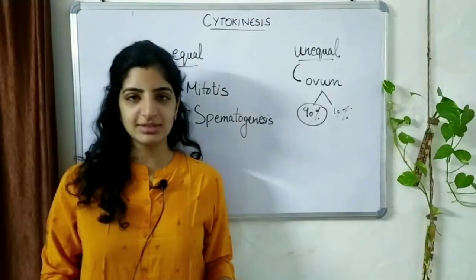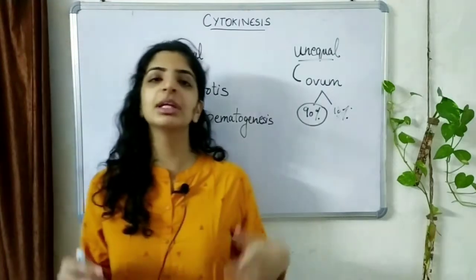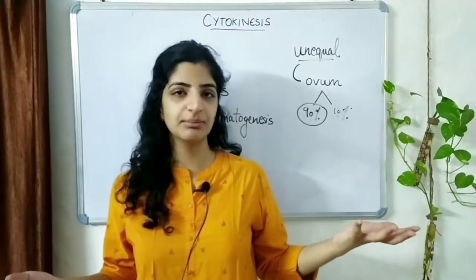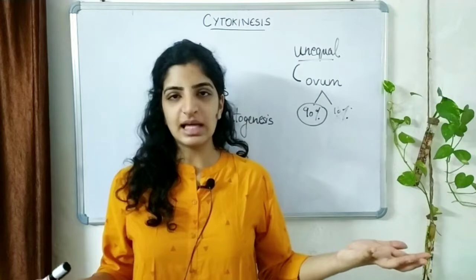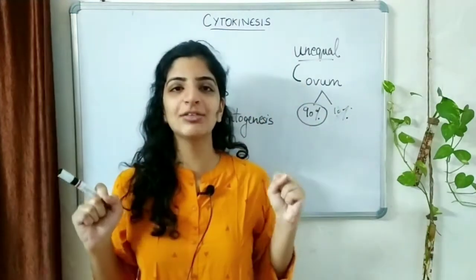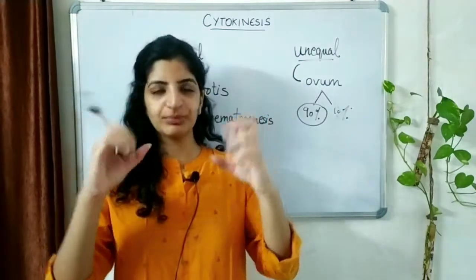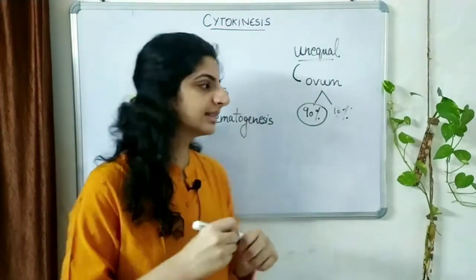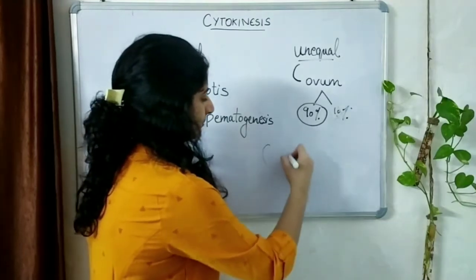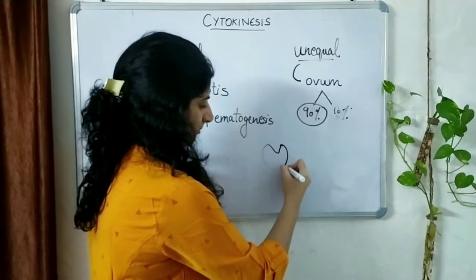These are the two types of cytokinesis. However, cytokinesis also differs between a plant cell and an animal cell. The major reason is that an animal cell does not have any rigid cell wall holding it together, so a cleavage furrow can easily be formed. The cell can just divide like in the case of an amoeba.